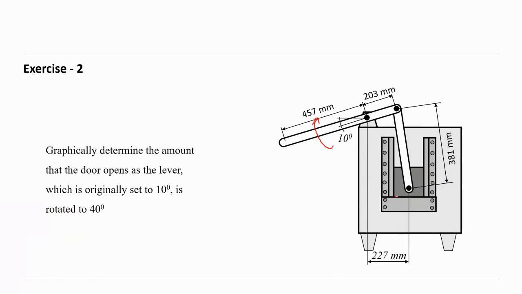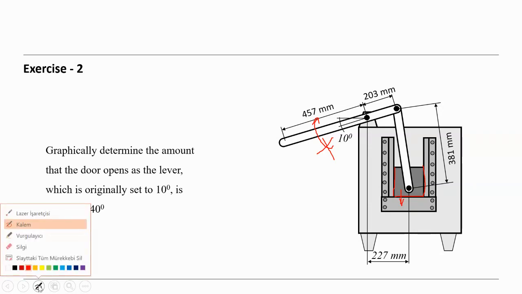Because you see here, the door is already closed. There is no way to move in that direction. So it has to be turned counterclockwise, like this here.